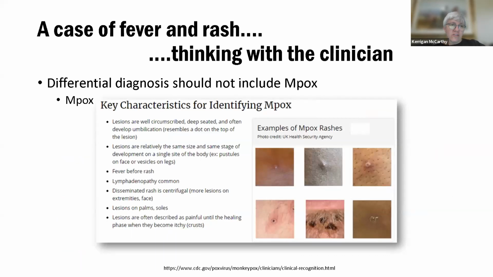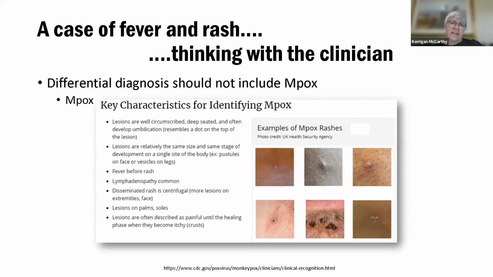Measles does not look like Mpox. Mpox is a vesicular rash that looks very similar to chickenpox. It usually starts as a pustule that is elevated, and then at some point the pustule or the vesicle may rupture and then lead to a crusting over, which may sometimes be followed by a secondary infection.